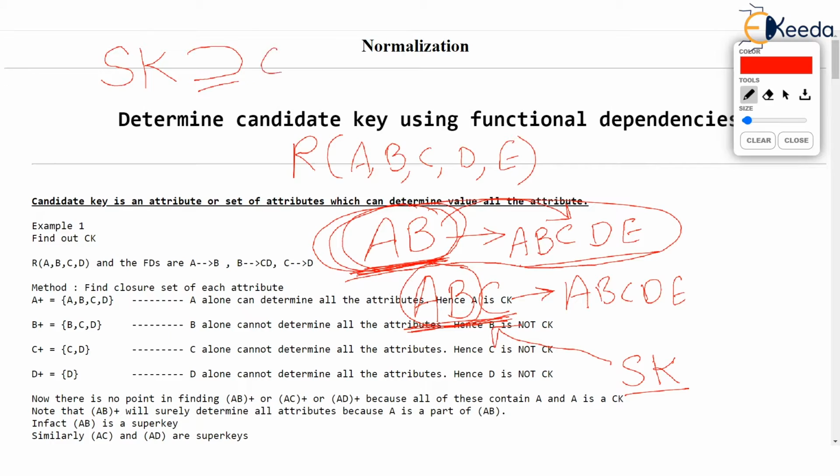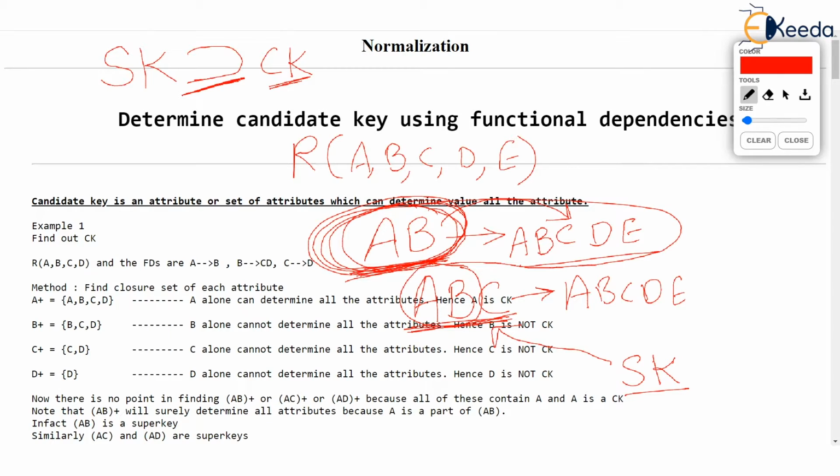Now I have written this equal to here because if AB is the candidate key, I am again marking this AB. If AB is the candidate key, then AB is the super key also. We have added nothing to it. But then genuinely super key is nothing but extending the candidate key by putting some more attributes in that.